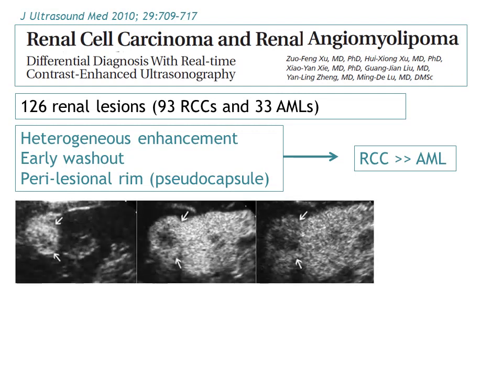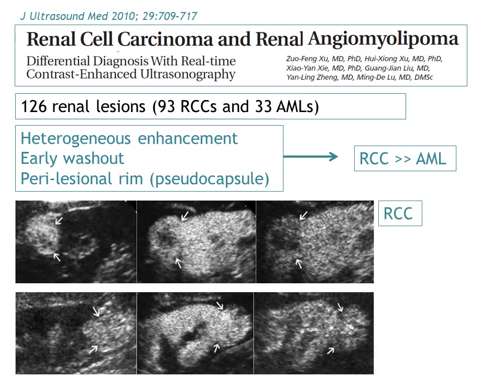So, this hyperechoic mass shows heterogeneous enhancement and early washout. It was a renal cell carcinoma, but in this hyperechoic mass, enhancement is quite homogeneous and not washed out early, and was an angiomyolipoma.